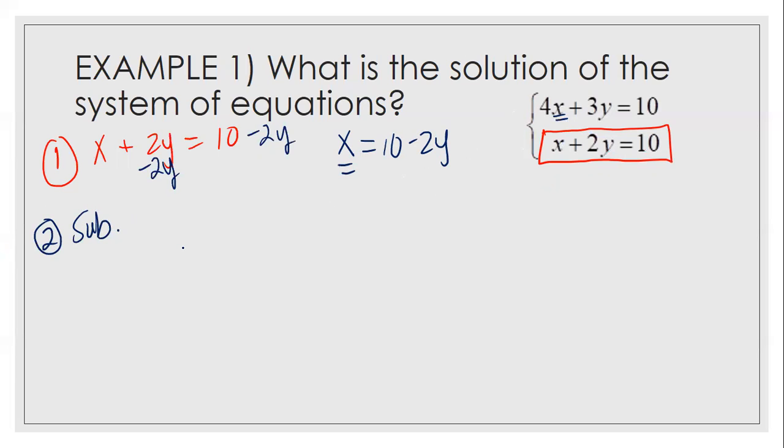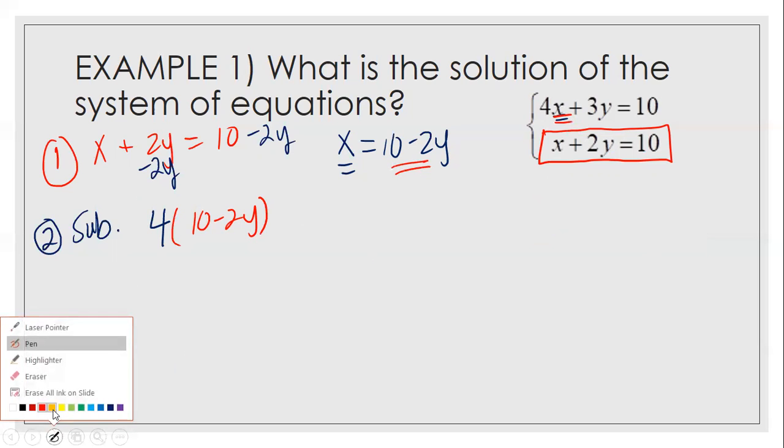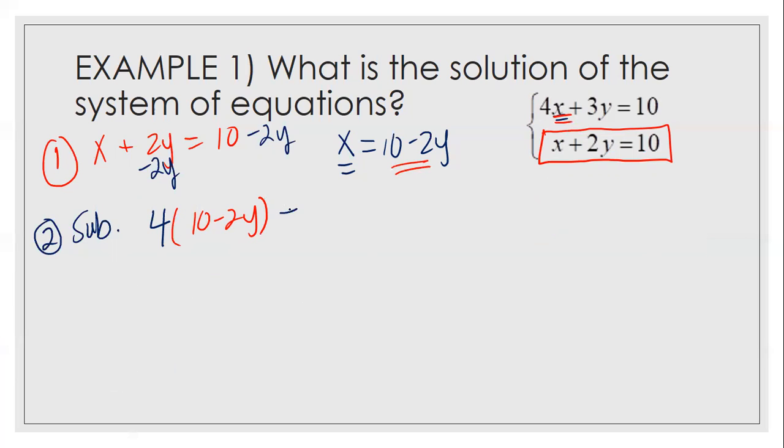So instead of writing 4 times x, we're writing 4 times 10 minus 2y. So instead of an x, we wrote this. And now everything else is the same. Plus 3y equals 10.